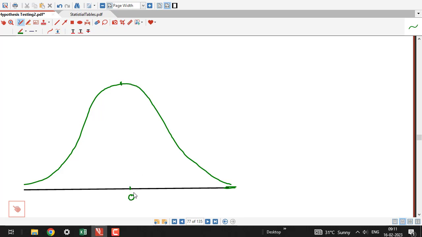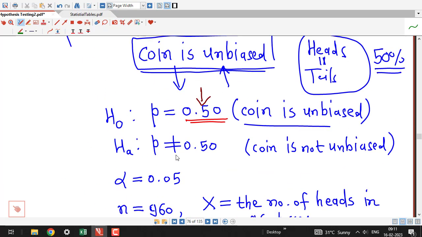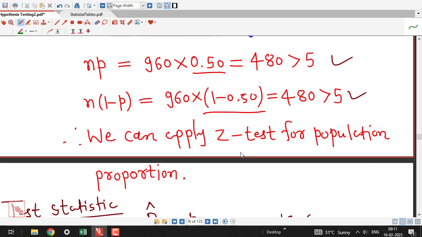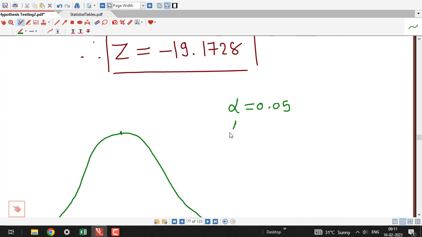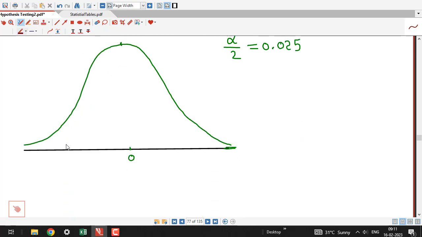Here at the middle we have 0 and level of significance is given as 0.05, and because alternative hypothesis is that p is different from 0.50, that means we have two-tailed test. Therefore we have to divide this level of significance into two equal parts. 0.05 divided by 2, that is 0.025. So I will consider area of 0.025 in left as well as right tail.